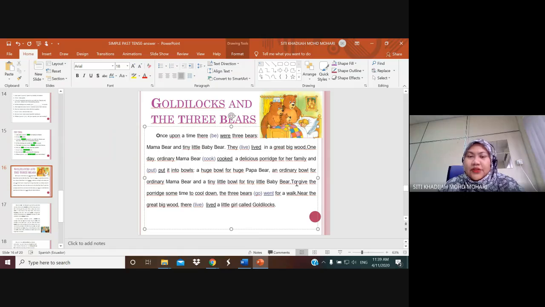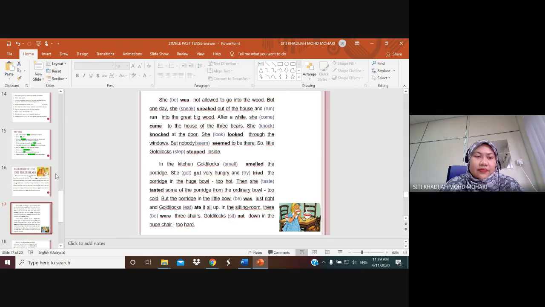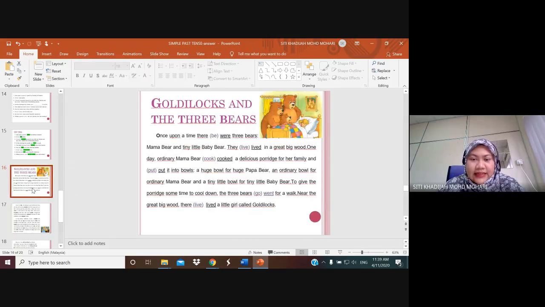To give the porridge some time to cool down, the little bears went, W-E-N-T, for a walk. Near the great big wood, there lived, ED, a little girl called Goldilocks.